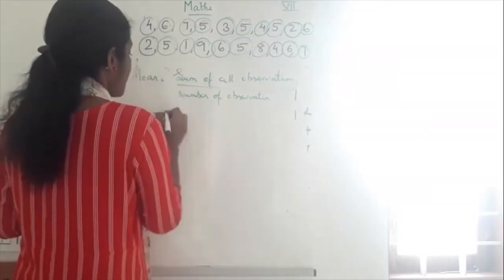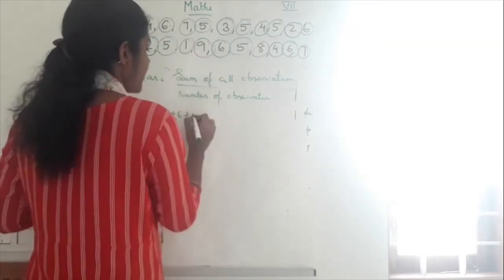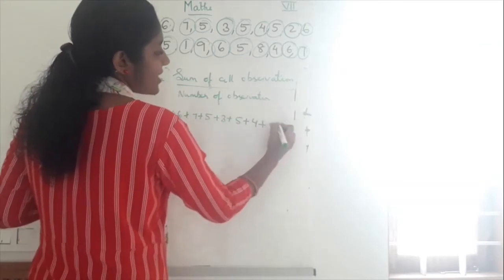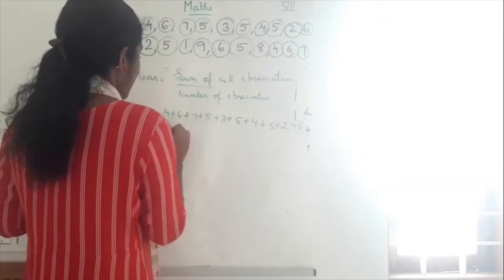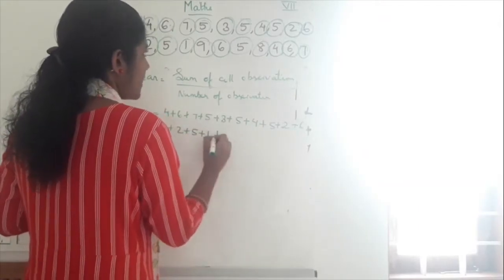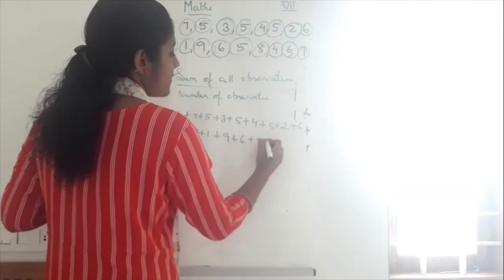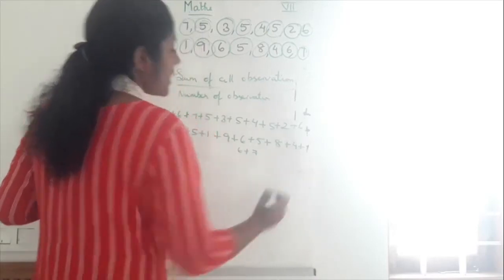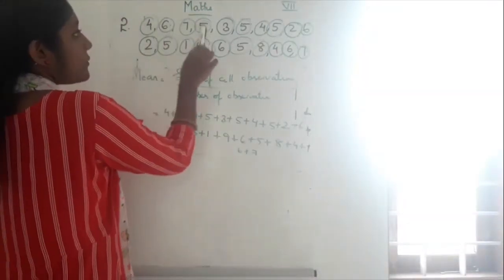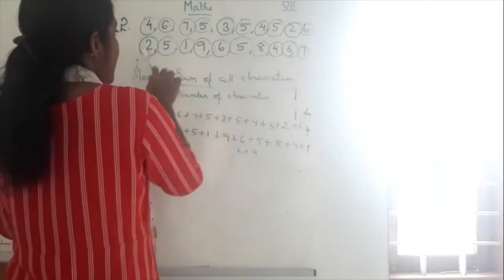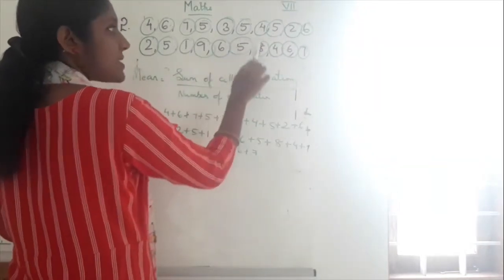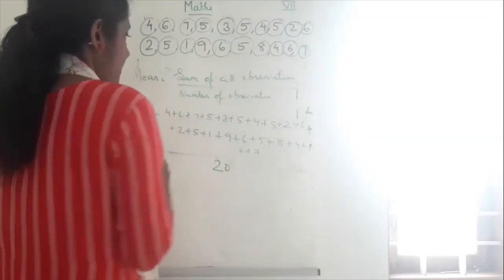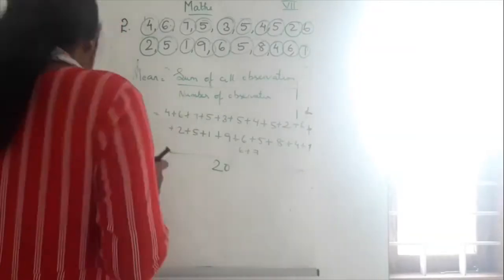Find out the sum. 4 plus 6 plus 7 plus 5 plus 3 plus 5 plus 4 plus 5 plus 2 plus 6 plus 2 plus 5 plus 1 plus 9 plus 6 plus 5 plus 8 plus 4 plus 6 plus 7 divided by how many observations? Count: 1, 2, 3, up to 20. Divided by 20. So you have to find out the sum of these observations divided by 20. Okay, find out the sum.